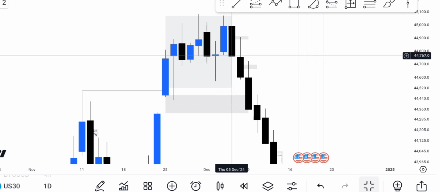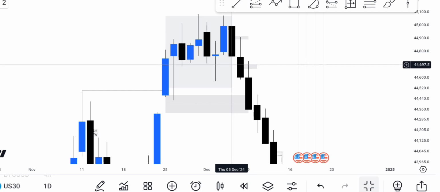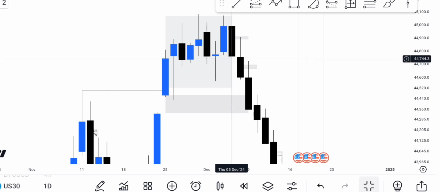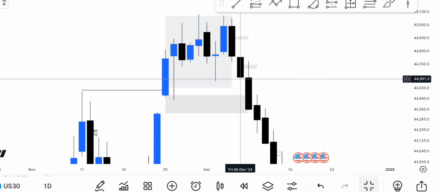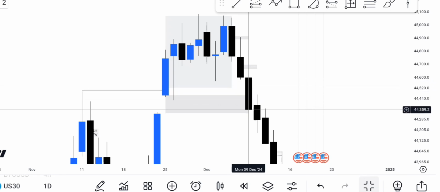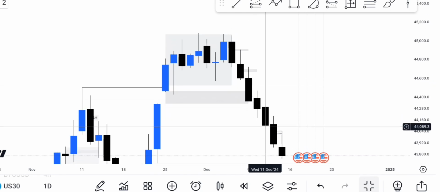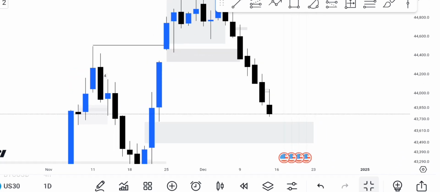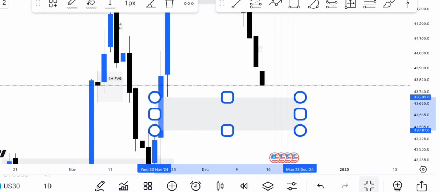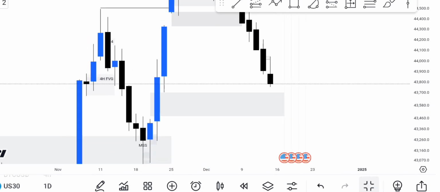So we can expect bearish, and price closes below this previous candle wick, so again we can expect bearish. Same, closing below this wick, bearish, so we can expect a more bearish scenario from here, and this is our daily fair value gap. Again we can expect buying from this place.